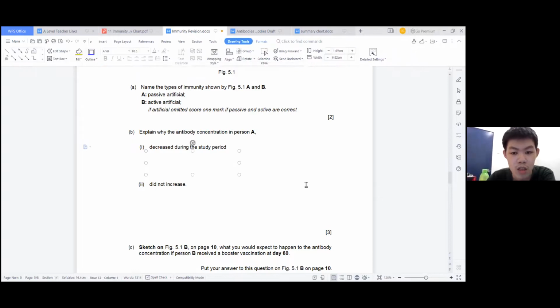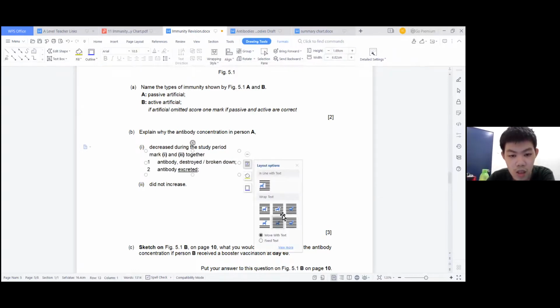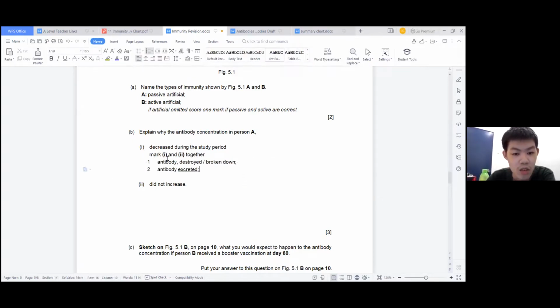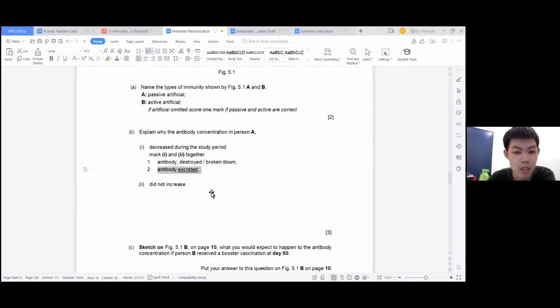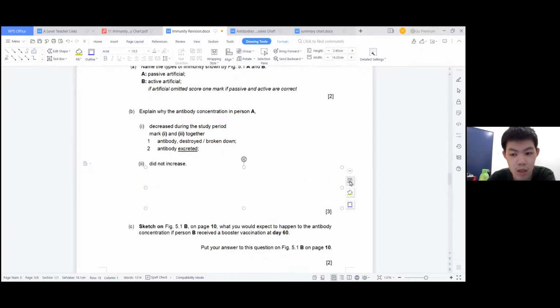So yeah, it's saying mark 1 and 2 together, meaning you count 3 marks based on this entire question. So 1, you can say that the antibody is destroyed or broken down, or you can say the antibody is excreted. So why did the antibody concentration not increase?